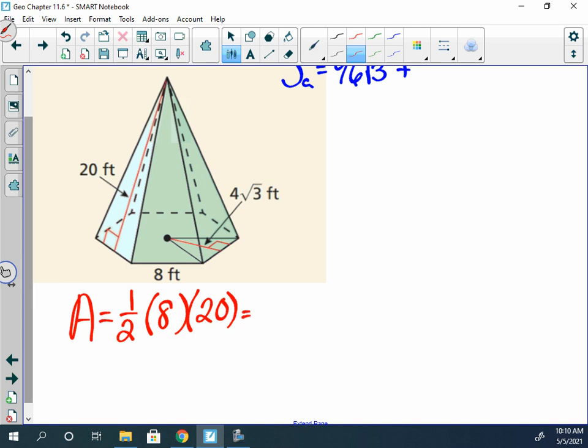And if we find one of these, which would be 80, each one of these has an area of 80 feet squared. And if I want to know all of them, we can take that 80 and multiply it by 6.